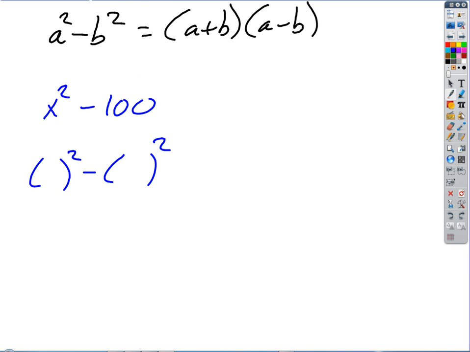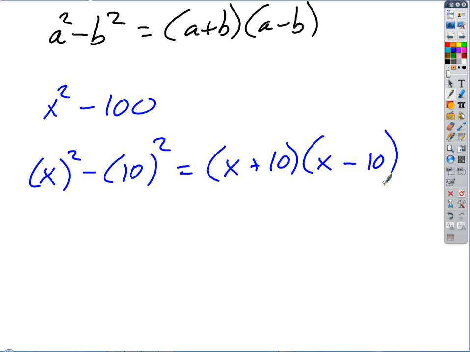The first one's pretty obvious: x is what's being squared in the first term. In the second term, 100 is just 10 squared. So x is like our a, and 10 is like our b, and we're just going to follow that pattern. We get a, which is x, plus b, which is 10, times a, which is x, minus b, which is 10. And that's factored. Easy.